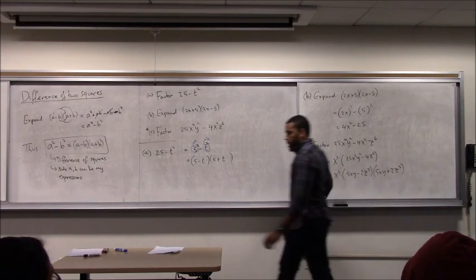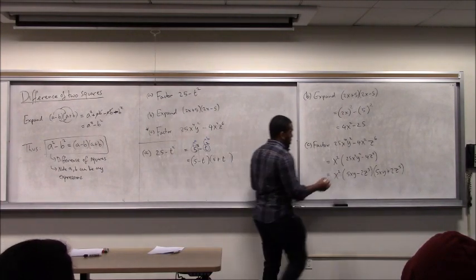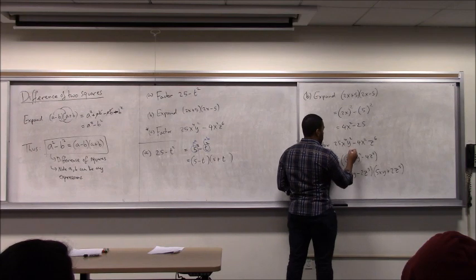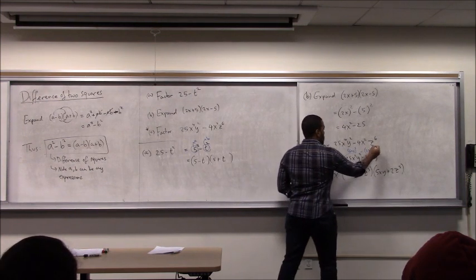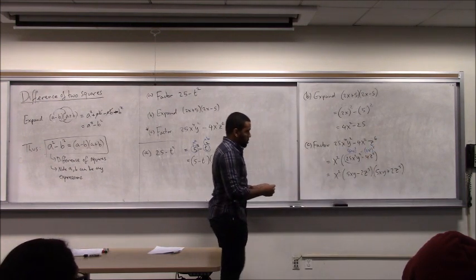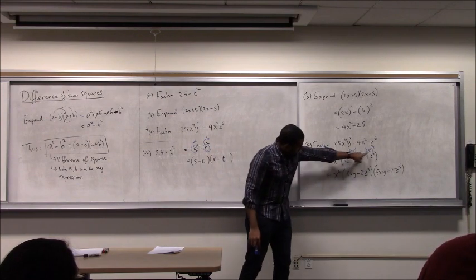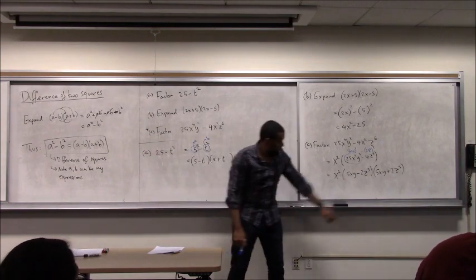Because you would look at this as 5xy all squared minus 2z cubed all squared. So that's the difference of squares. Your a is like this, your b is like that. Plug into that formula, you get this.